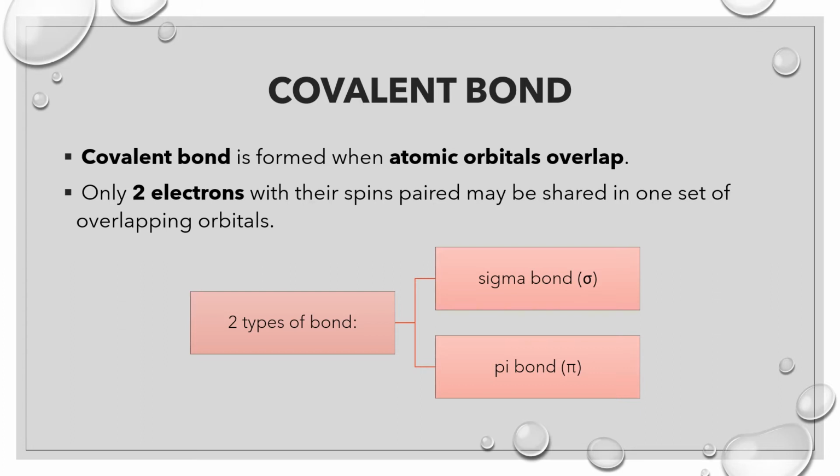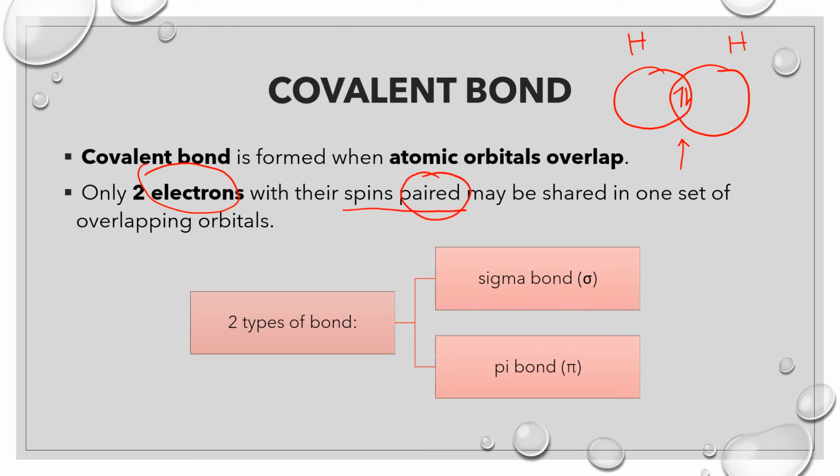So as for the example dalam H2 molecule just now, apabila dua orbital of hydrogen atoms overlap, maka area overlapping here akan mengandungi sebanyak 2 elektron sahaja. Okay, pada area overlap tersebut akan mengandungi sebanyak 2 elektron, and these 2 electrons must be in the form of pairing spin. Maksudnya satu elektron ke atas, satu lagi spin ke bawah. Okay, so that is meant by 2 electrons with the spin paired.